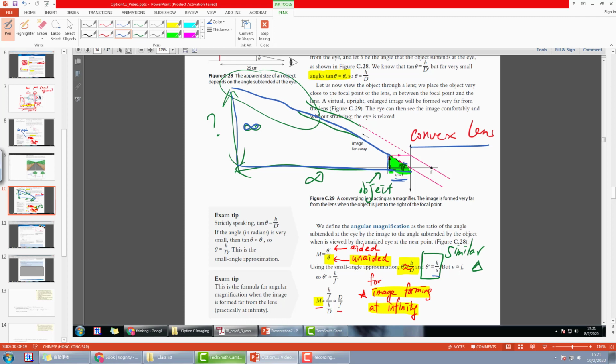So that's why you can use the equivalent equation theta prime equals h over u, and then simply substituting these two into the first principle equation, you get the final answer. So this is how you understand the angular magnification for image forming at infinity.